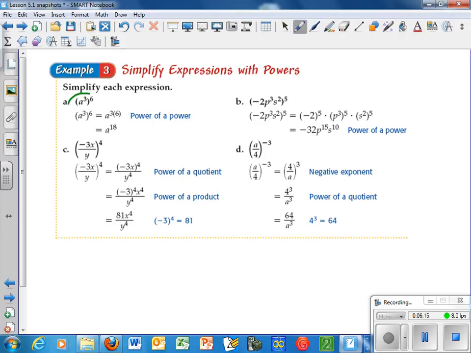Obviously pretty basic here, power to a power, multiply exponents, and we get a to the 18th. Multiply your powers there. Now it's a little different when you have a coefficient, which we have right here in front.